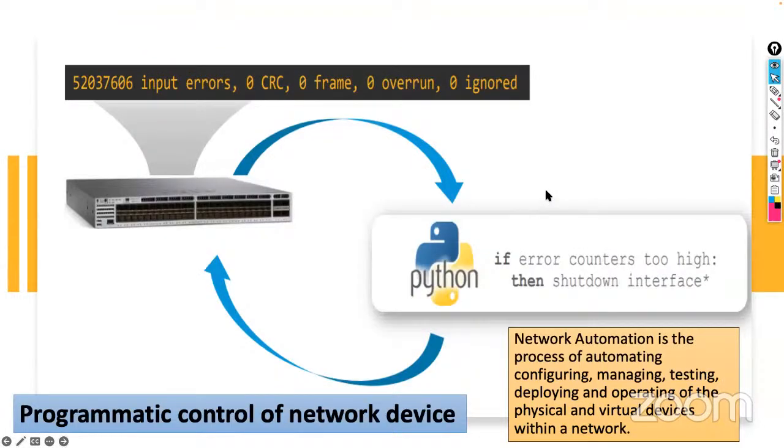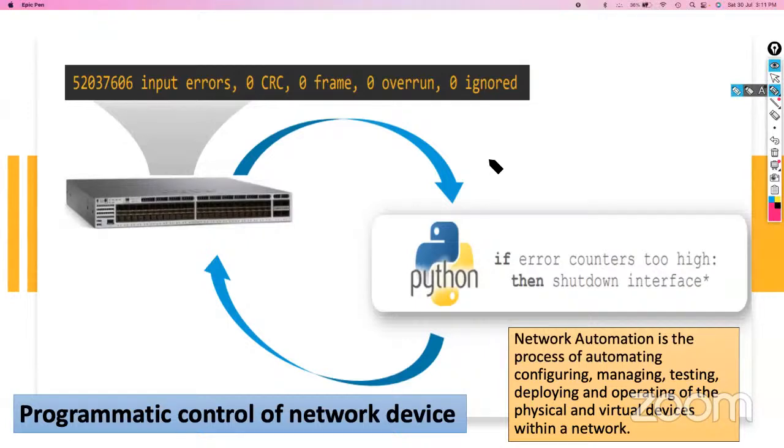Now let's see the same example that I was talking about for monitoring. Let's consider that this is our switch, and in this switch we have BGP interfaces connected, right?